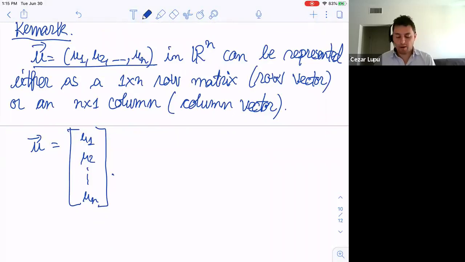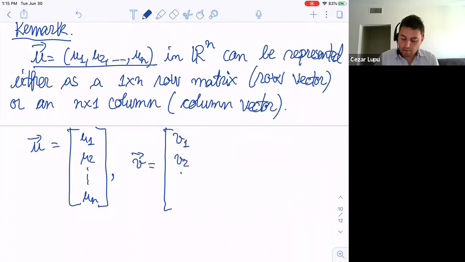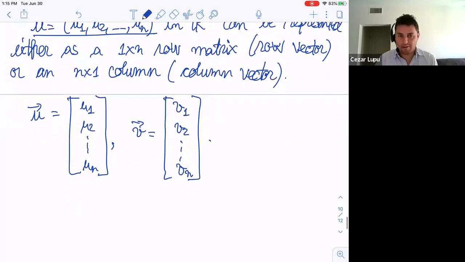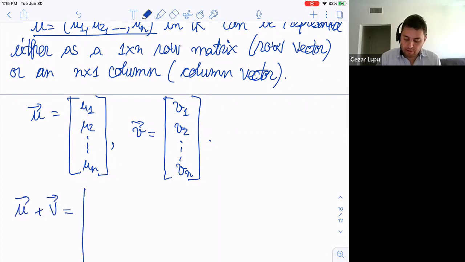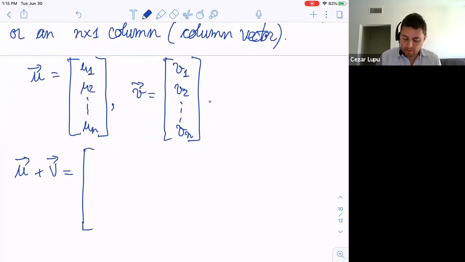And of course, if you want to represent another vector, let's say V as V1, V2, Vn, you can add them easily, just the way you have seen. U plus V vector, so let's write them as column vectors.